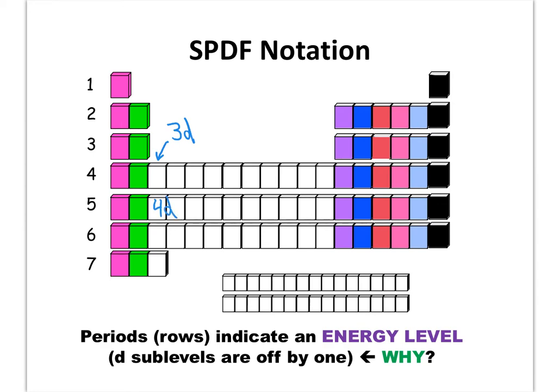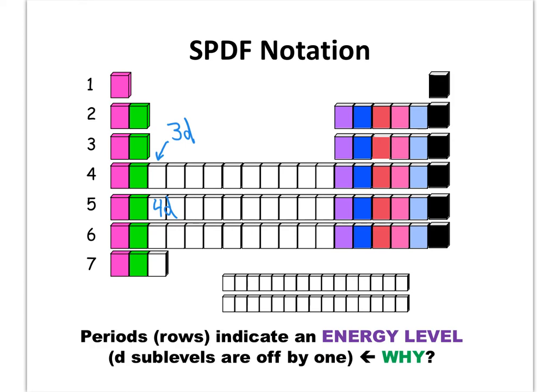We didn't necessarily talk about why this happens, so now we need to briefly talk about it. The easiest explanation is the Aufbau principle that we talked about yesterday. The Aufbau principle says you fill the lowest energy levels first. If it's lower in energy, it gets filled first.